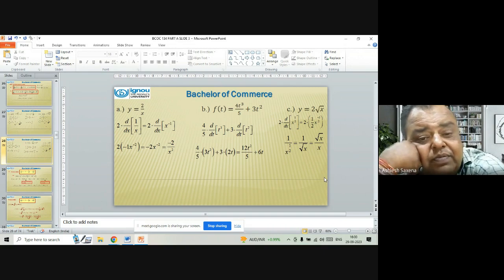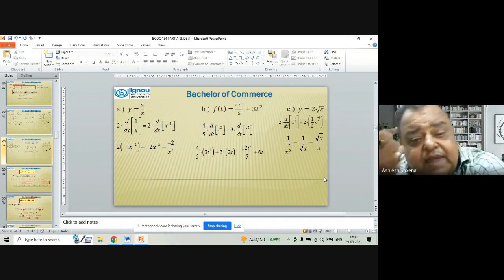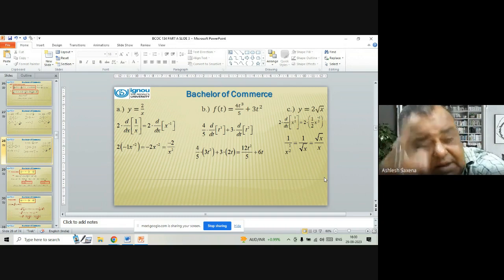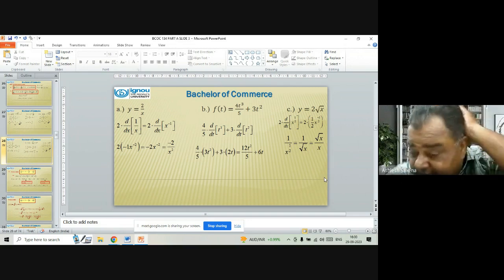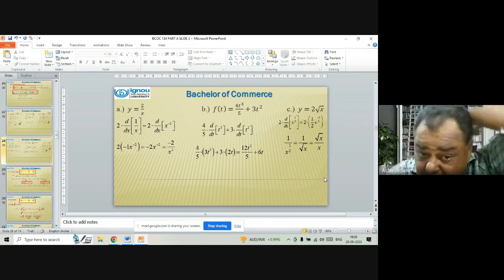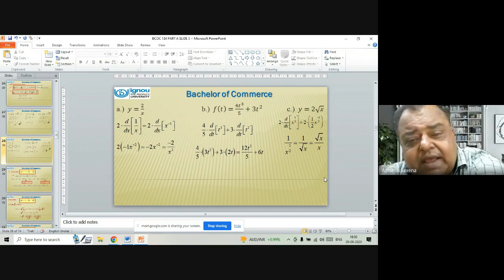Now, you will bring this minus 1 in front of x, and you will be reducing the power by 1. That means minus 1 minus 1 is minus 2. So your problem becomes minus 2 times x to the power minus 2. Bring this down: minus 2 upon x squared.